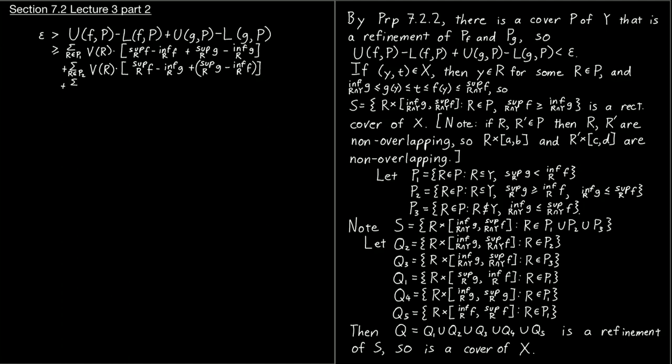And then let's add the rectangles in P3. Now we've got rectangles that are not wholly contained in our set Y. So we have to do the annoying thing with the maxima and minima.